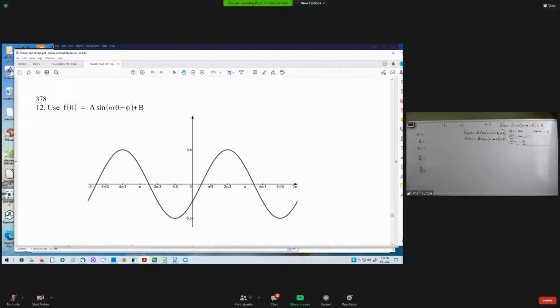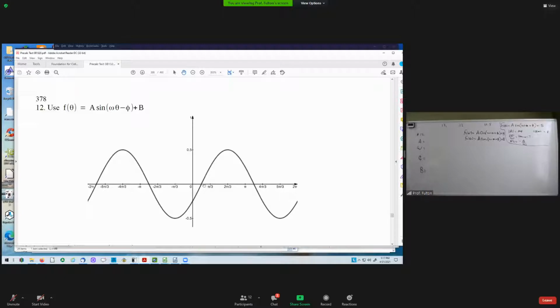You could also look over here. The two values, minus pi over 3 and 5 pi over 3, the distance from here to here is also 6 pi over 3, which is 2 pi. Okay, so my period is 2 pi. Now the phase shift here, this is where we're going to do some estimating, because this distance from here to here is pi over 3.